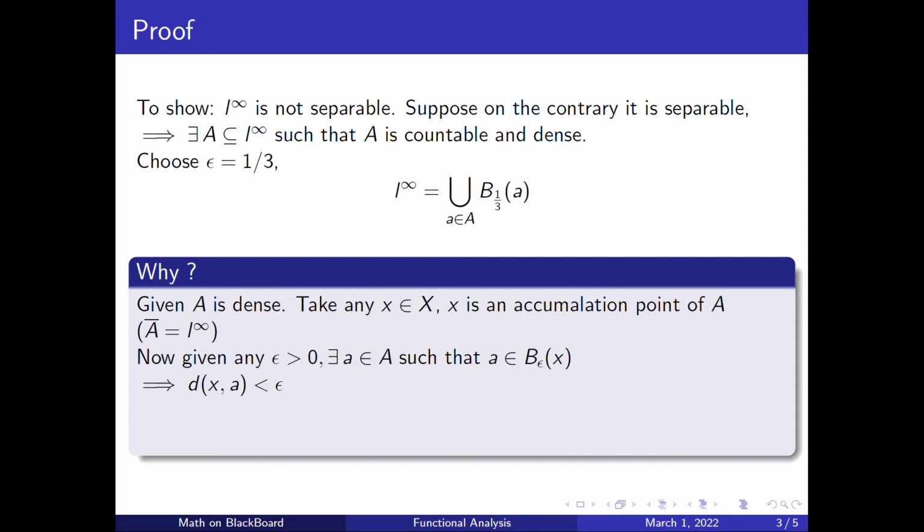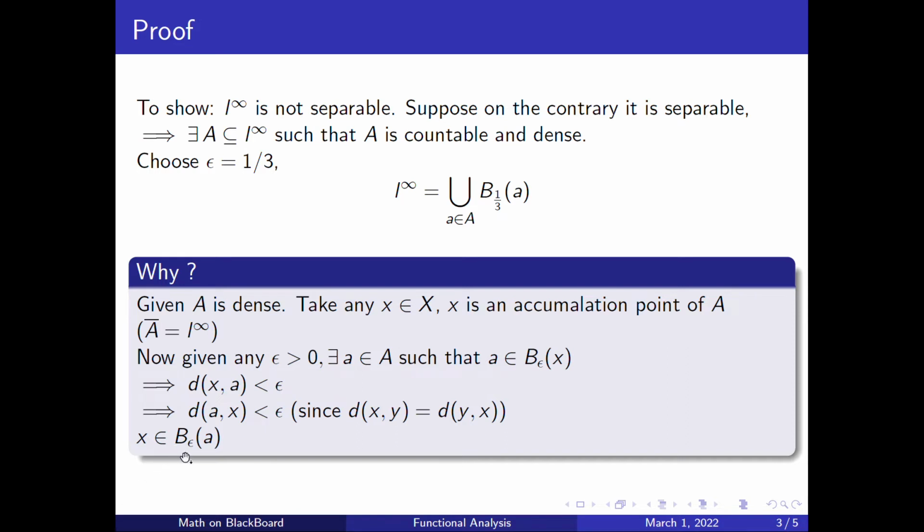Since d is a metric and a metric satisfies the symmetric property, d of a comma X will also be the same, which is less than epsilon. Then this implies that if you take an open ball of radius epsilon around a, X should also belong to that because the distance between a and X is also less than epsilon.